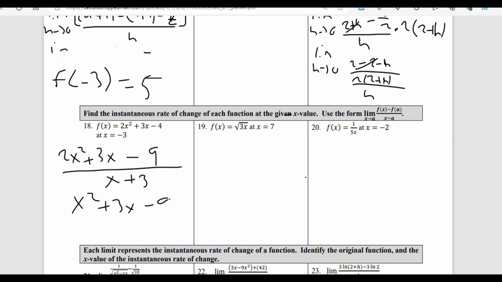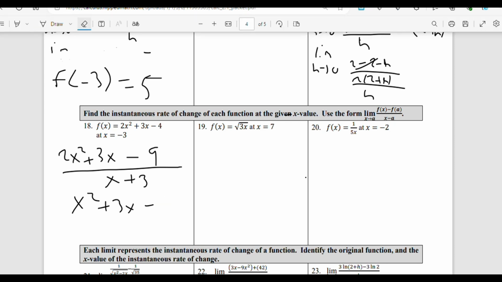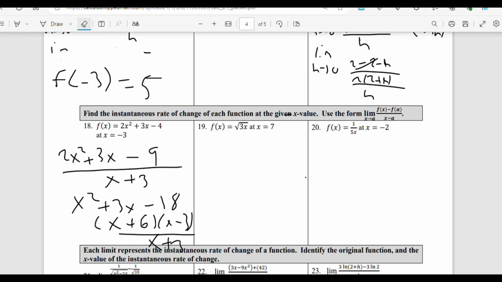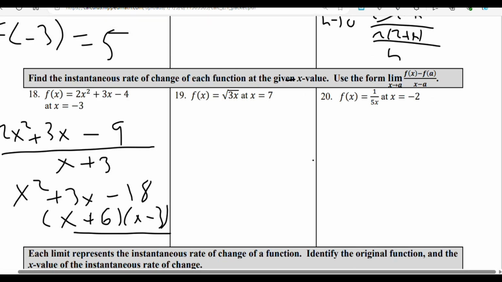Minus, should be 18, and then x plus 6 times x minus 3, and x plus 3. Sorry, I'm making mistakes here that I should not be making.